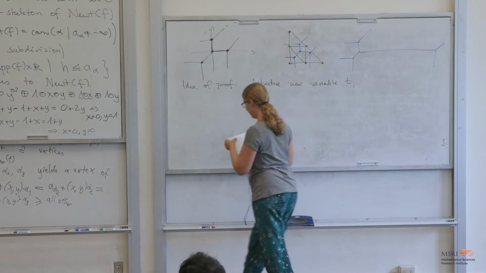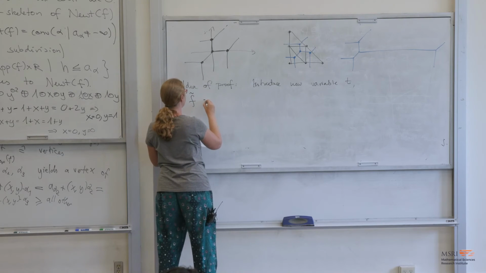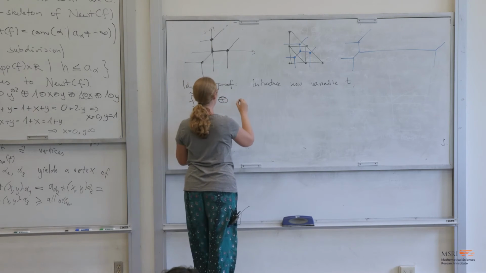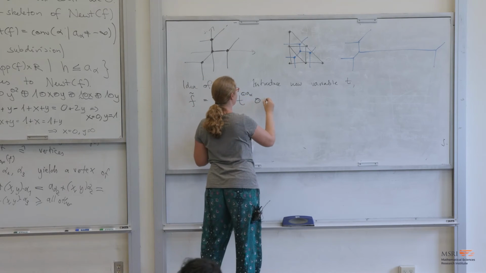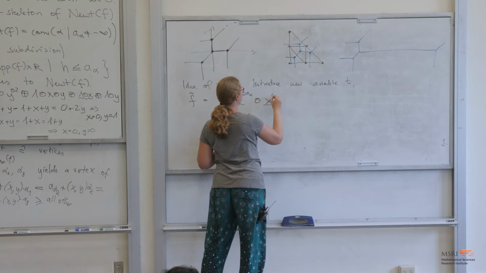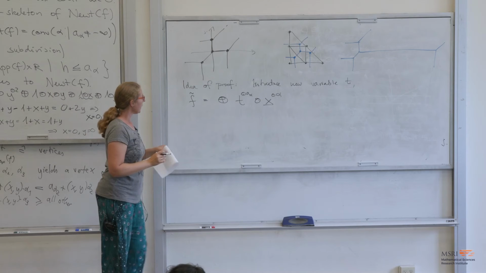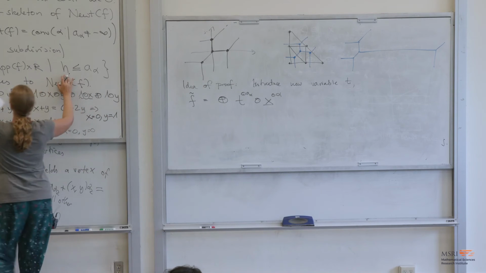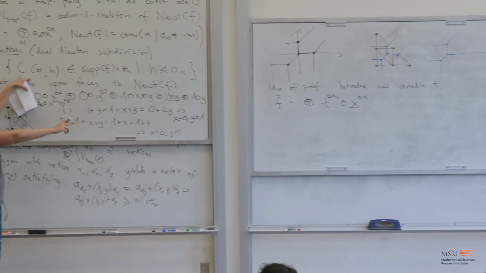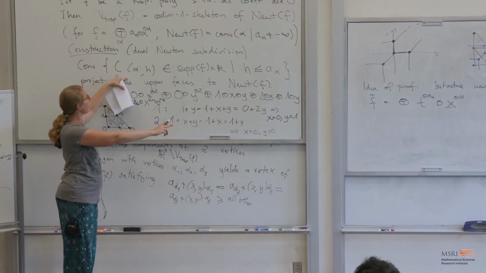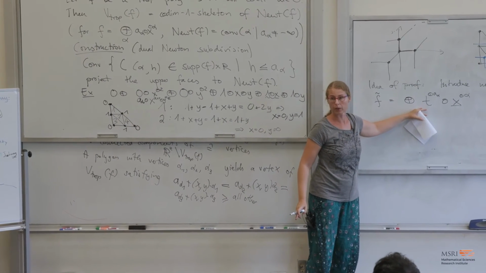And I think of a new polytope that I call f tilde as the tropical sum of t to the coefficient a alpha times, multi-index notation again, x to the alpha. Yeah? And then this convex hull that I've been talking about here is precisely the Newton polygon of this thing, right? And then this is now a constant coefficient tropical polynomial, yeah?